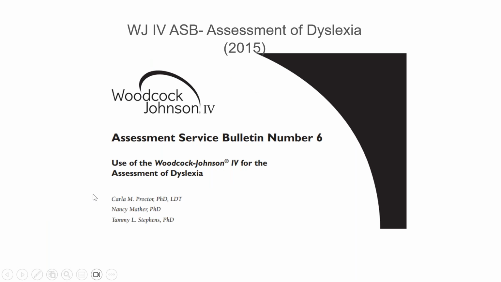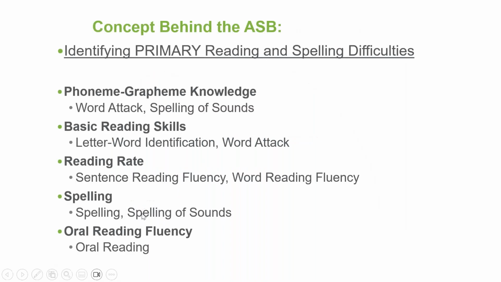This is the assessment services bulletin that I included as a handout for you guys, because this is what was used to really guide the creation of the dyslexia report. So when we're looking at that assessment services bulletin, this just kind of breaks it down.